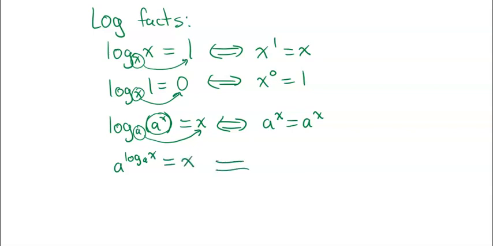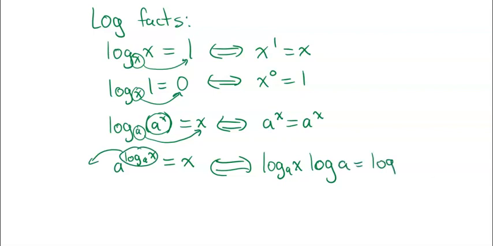Well, let's think about what that means for a minute in terms of logs. So if we took the log of the left side, we would get log base a of x. That would be the exponent that would come out front. Log of a equals log of x. Well, let's rearrange that some more. This is divided by log of a. That's divided by log of a, which cancels out.